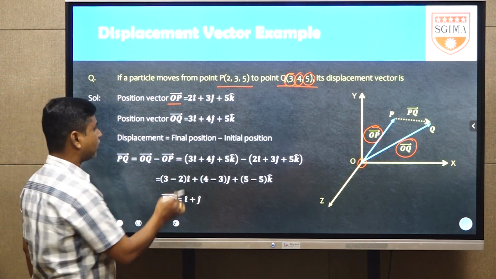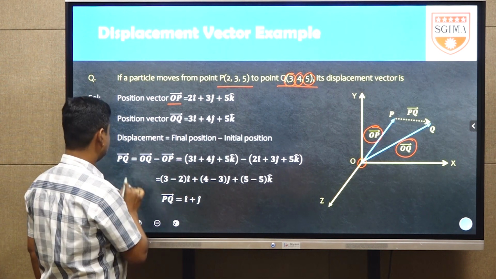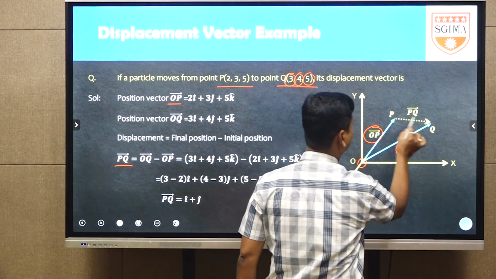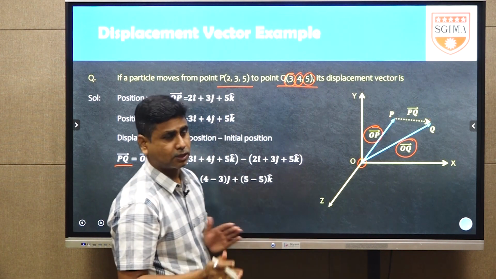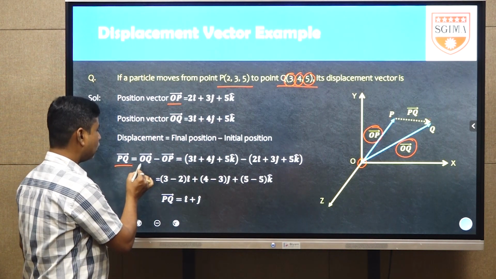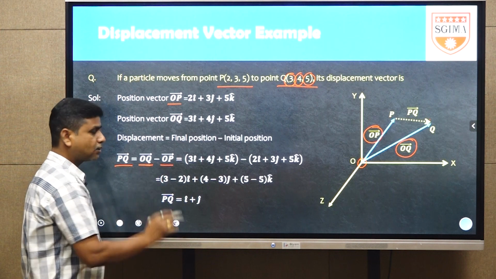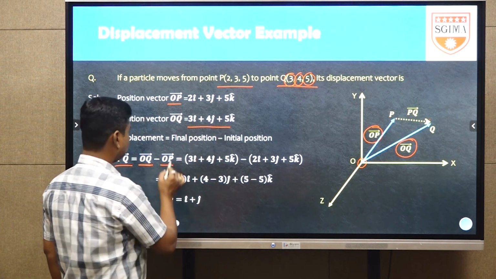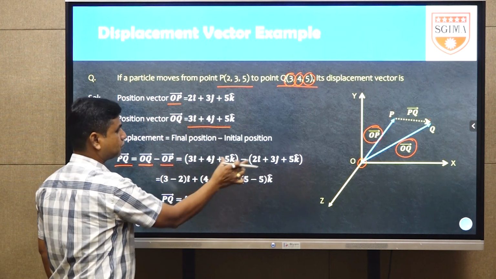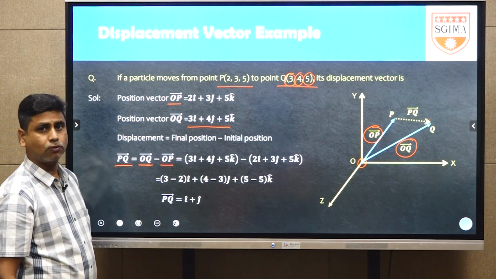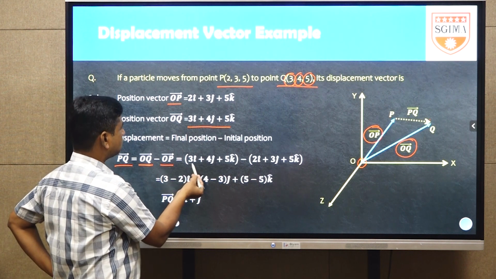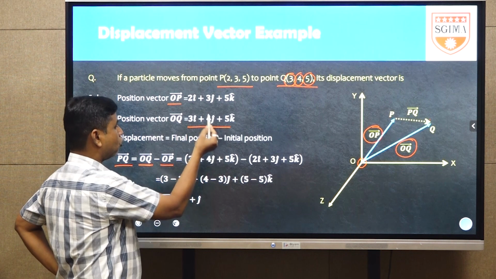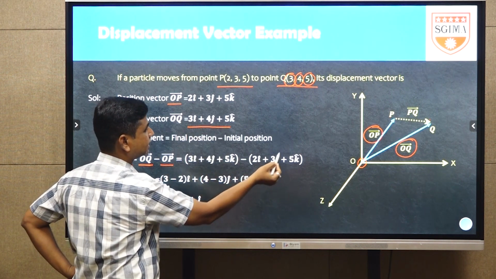Displacement vector means final position minus initial position. PQ bar, PQ means going from P to Q. That is why the PQ bar vector is taken. PQ bar equals OQ bar, the final position, minus OP bar, the initial position. Substituting OQ bar and OP bar: 3i cap plus 4j cap plus 5k cap minus 2i cap plus 3j cap plus 5k cap.